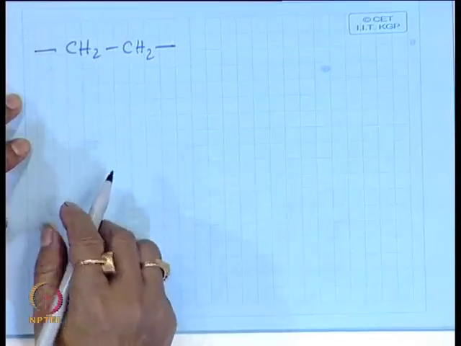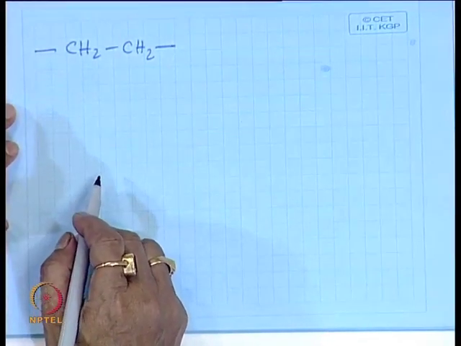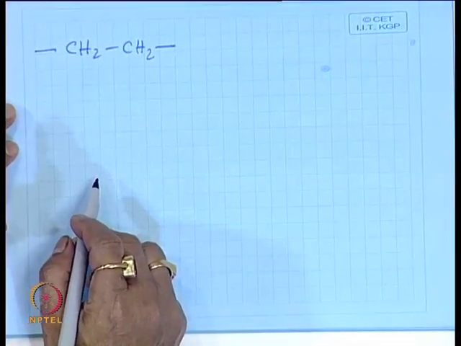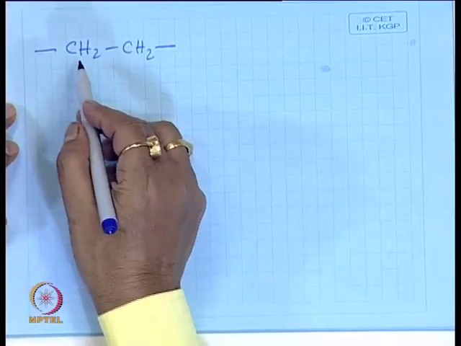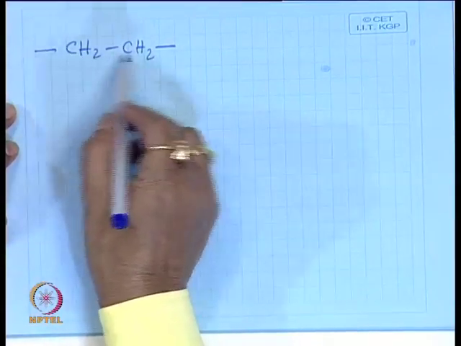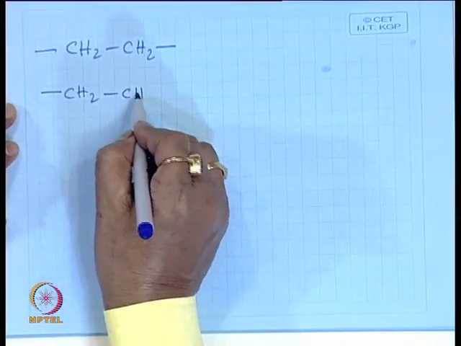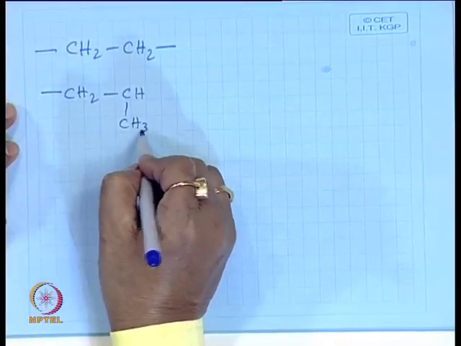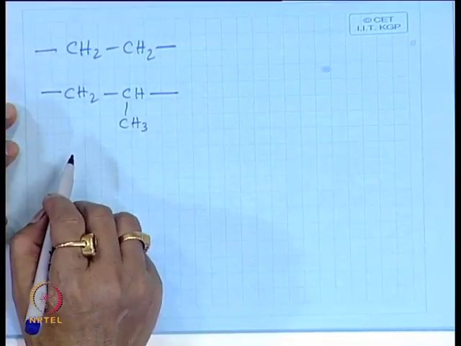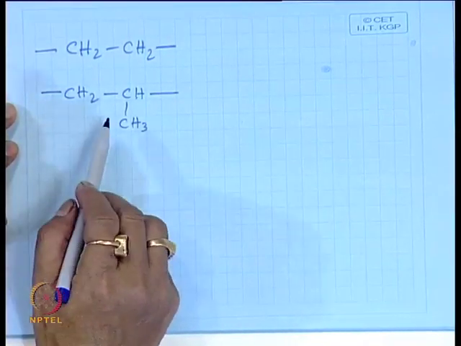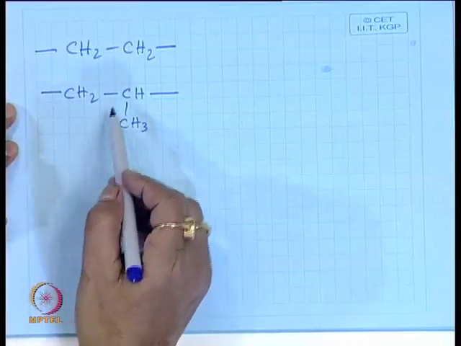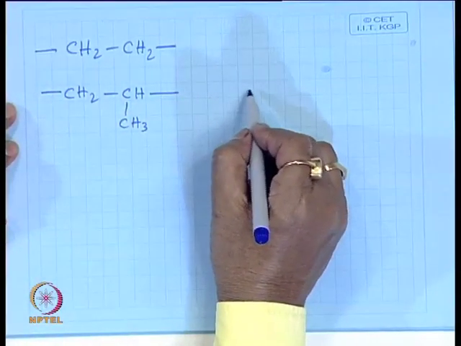Can this polymer show such a configuration? No, because this is symmetric. This molecule is non-symmetric, meaning there is some asymmetric center.